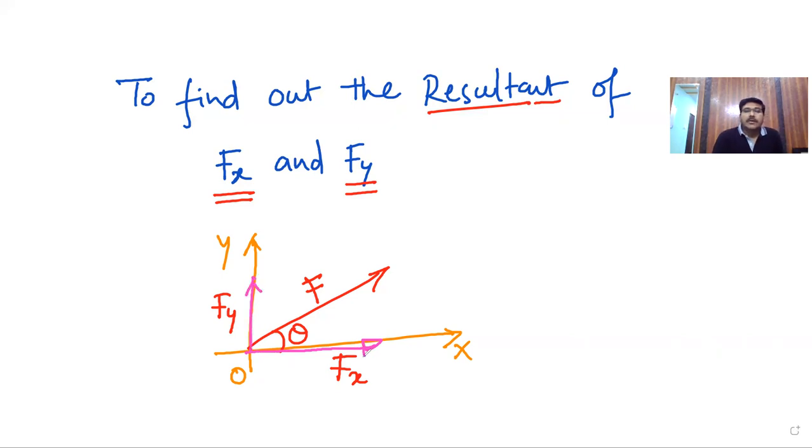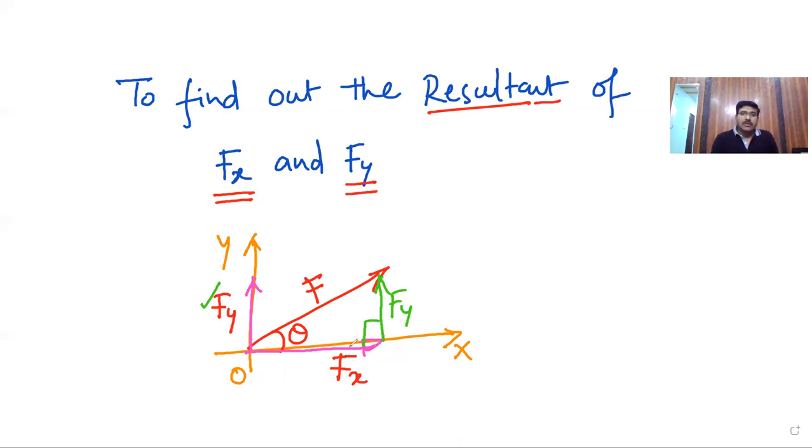Clear? Now I am forming a simple right angle triangle. I am projecting this Fy parallel here. This Fy is drawn as a parallel, dropping perpendicular to x-axis.